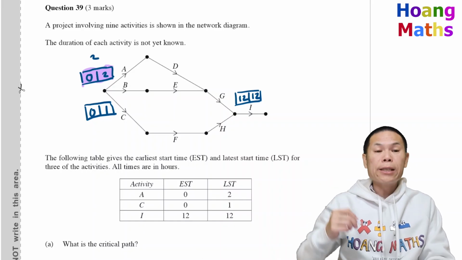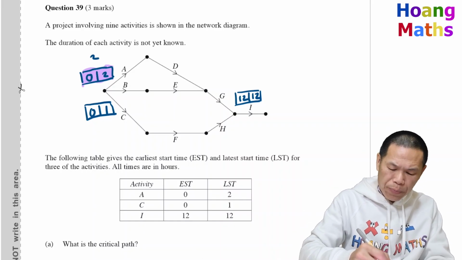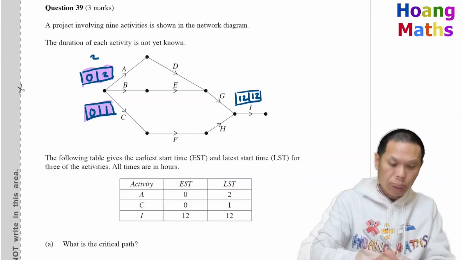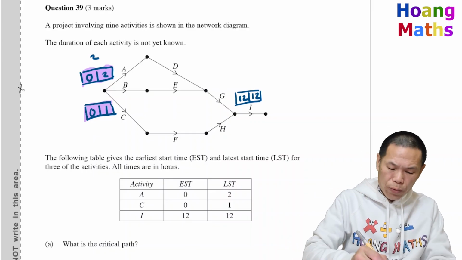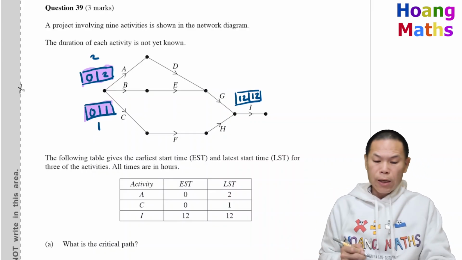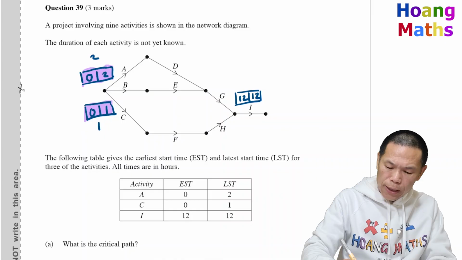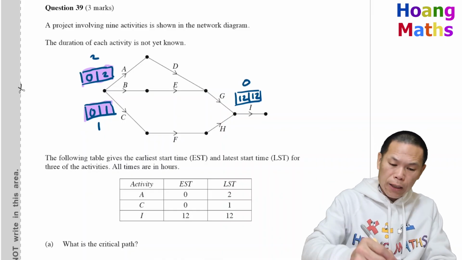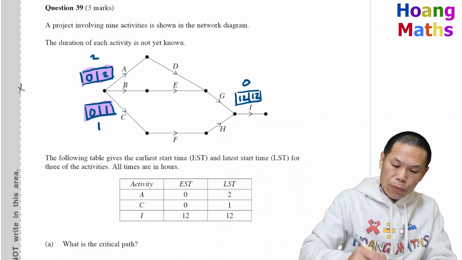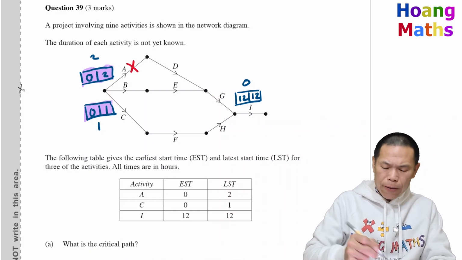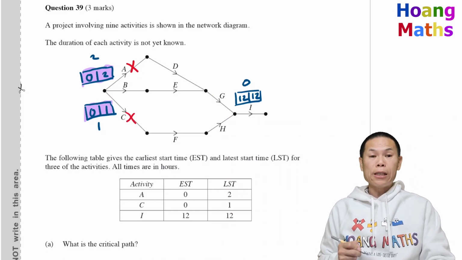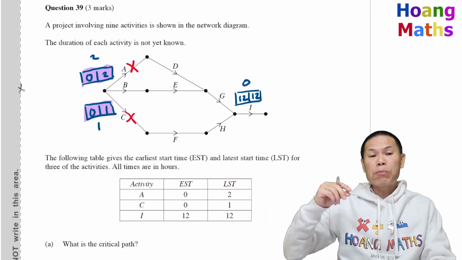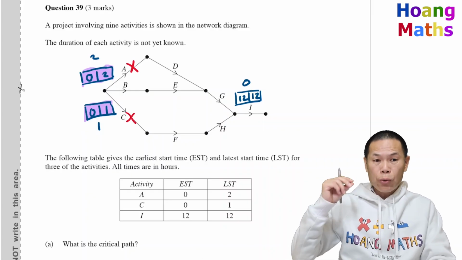And then for activity C, the floating time is 1 because 1 minus 0 is 1. So just right here. And the floating time for this is 0. So the critical path is not through activity A, not through activity C, because the floating time must be 0 in order to be critical.